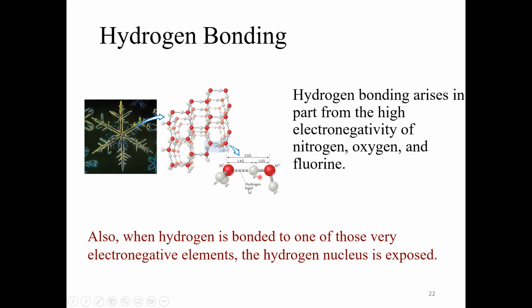So now that hydrogen atom, or the nucleus in particular, you can think of as now exposed, because we've got the negative piece on the other end. We've only got the nucleus here. So we're going to have a strong interaction with the negative oxygen from another molecule, or same thing if we had a nitrogen, like ammonia, or a fluorine in hydrogen fluoride even. But that's going to increase the strength of that interaction in that way.